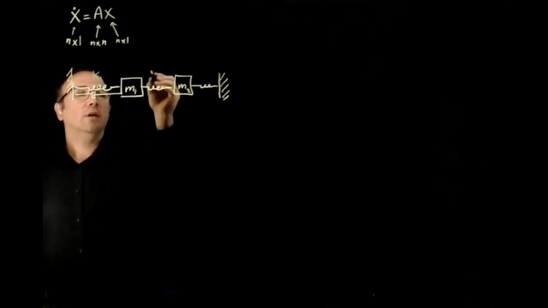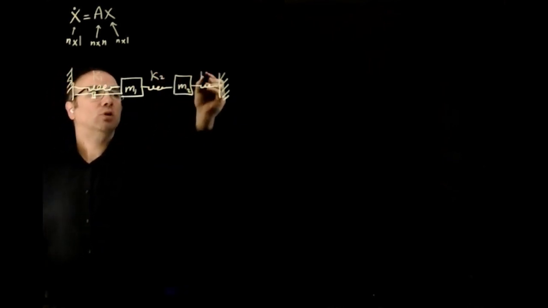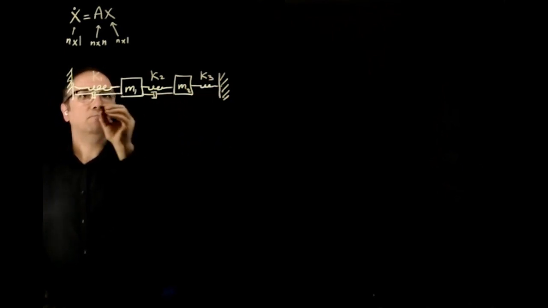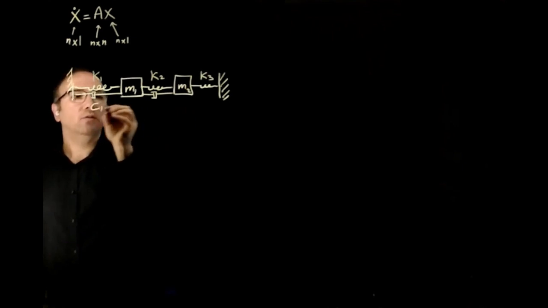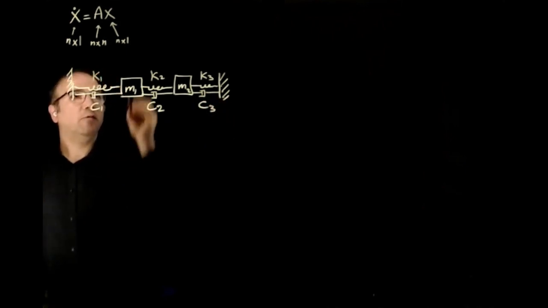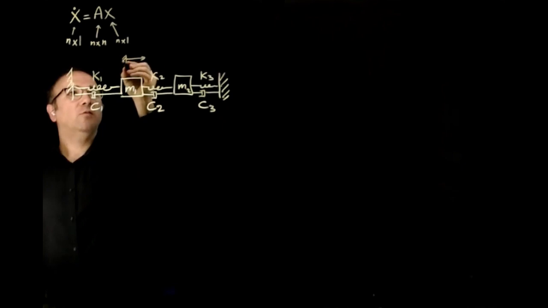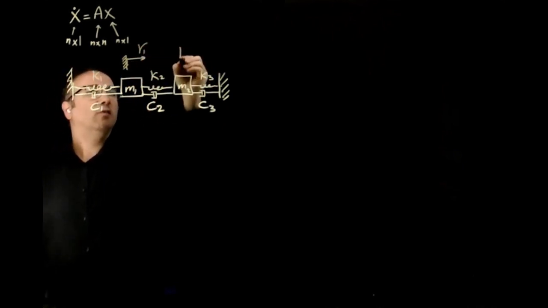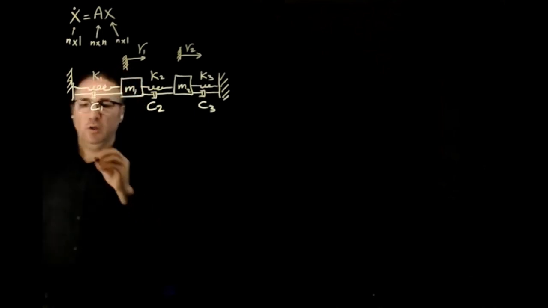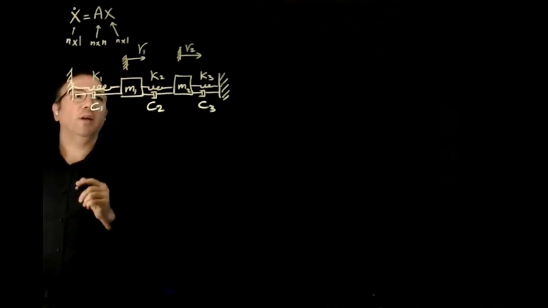So let's call these K1, K2, K3, and we have dashpot dampers, C1, C2, and C3. Then if we call the displacement of this mass R1 and the displacement of this mass R2, then we can write differential equations for this using a free body diagram.